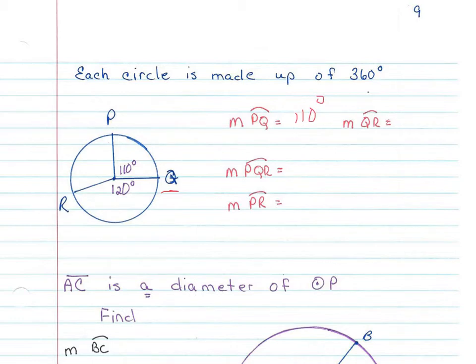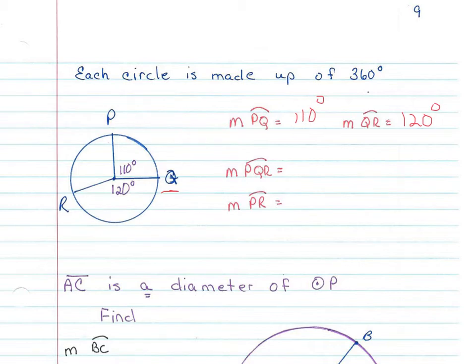What is the measure of arc QR, Kaylin? QR is 120 degrees. What is the measure of arc PQR, Nahom? Is it adding them together? Mhm.